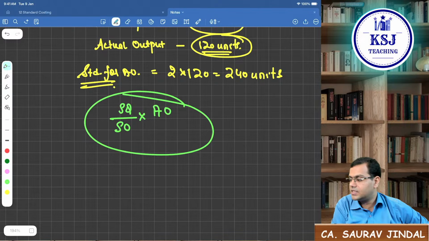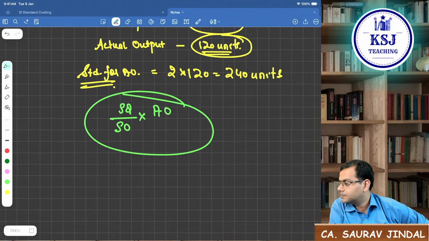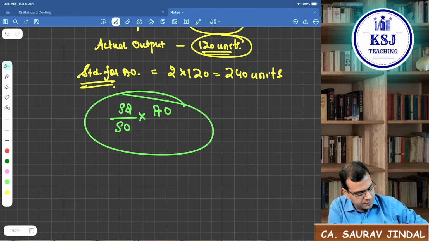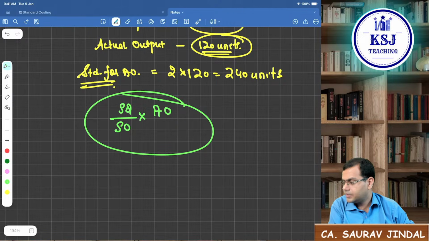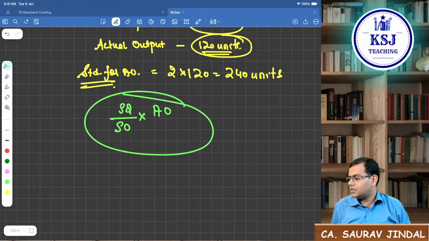This you can say is standard quantity for actual output. Is it clear? Yes. Is it clear, Vedant?